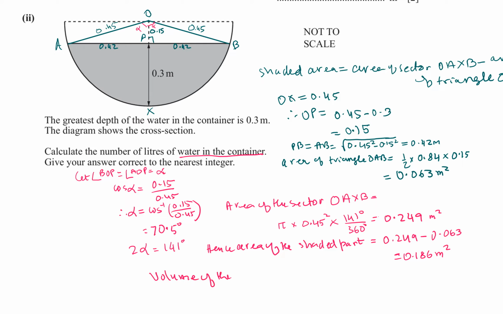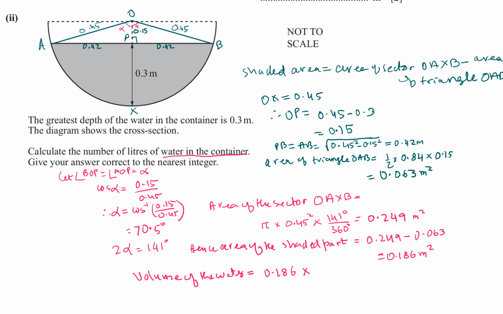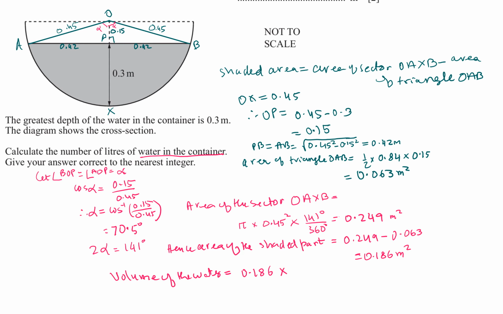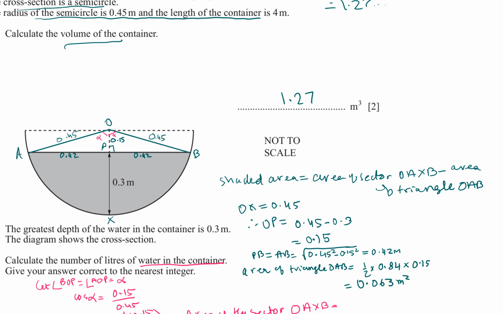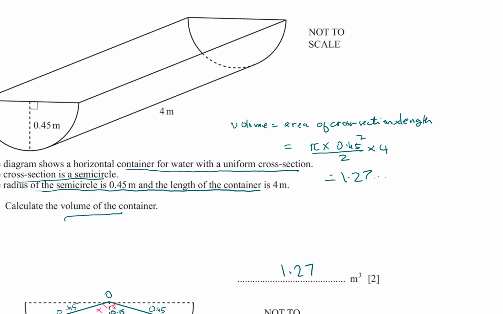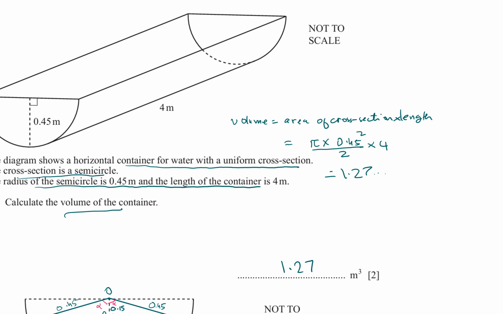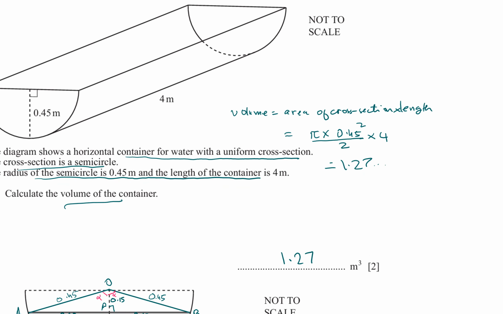Now hence the volume of the water, the number of liters of water, so the volume of the water would be 0.186 multiplied by the length. The length we have been given, that's 4 meters, isn't it? The length is 4 meters.